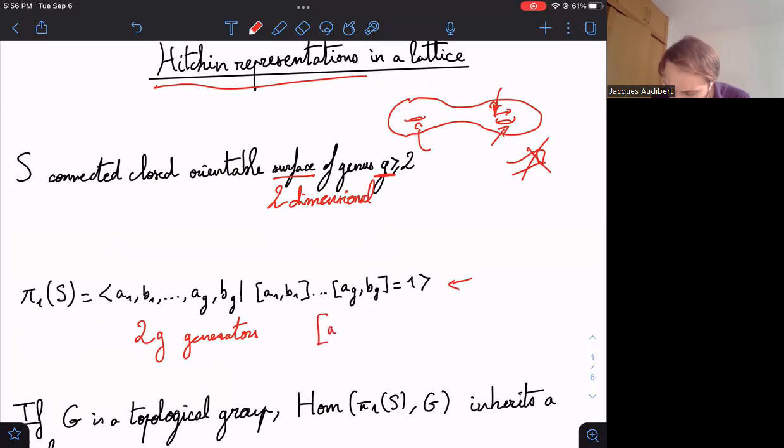And for the notation here, [A1, B1], for example, is equal to the commutator, so it's A1 B1 A1 inverse B1 inverse. So we want the product of all commutators to be equal to 1, not all commutators to be equal to 1. Only the product of all of them must be equal to 1. So this is the fundamental group of the surface, and it encodes the topology of the surface.